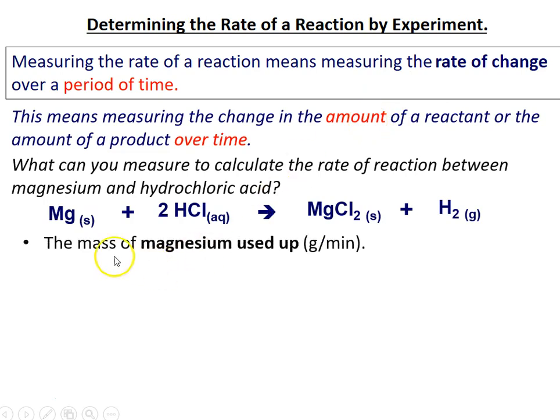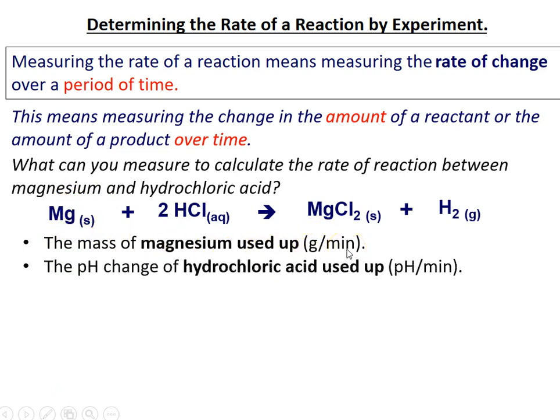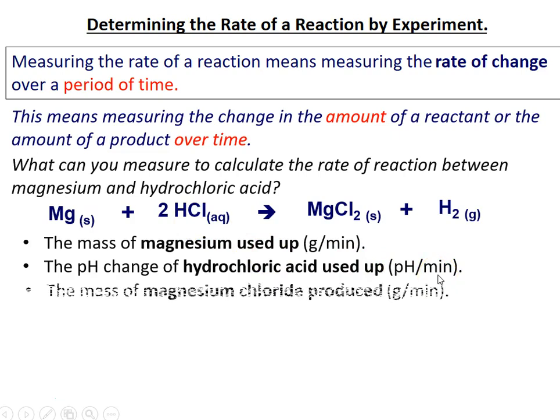So you could measure the mass of magnesium as it got used up, as it disappeared, in grams of magnesium per minute, or because your hydrochloric acid is being used up too, and then the pH would be less acidic, so the pH would go up over a period of time.